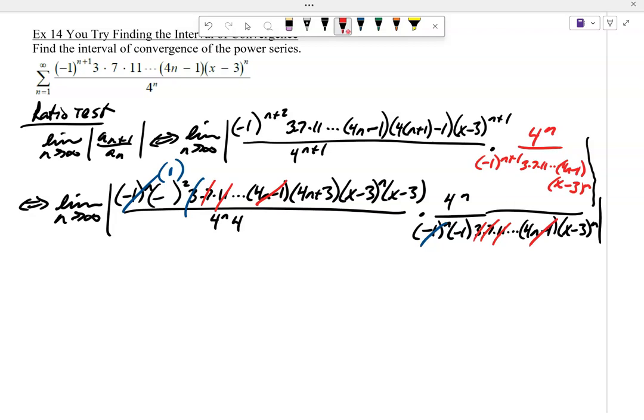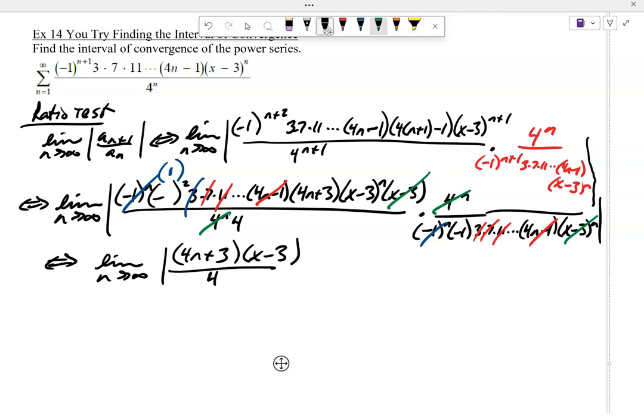The x minus 3 to the n will cancel. My 4 to the n over 4 to the n will cancel. And so we've got the limit as n goes to infinity. I've got this 4n plus 3, I've got an x minus 3, I've got a 4 on the bottom, I've got a negative 1 on the bottom.